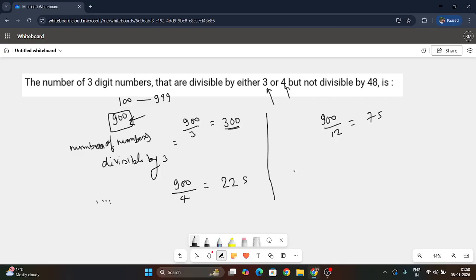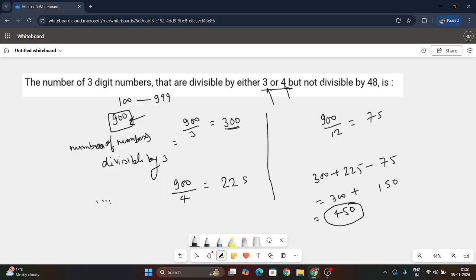So now the answer is going to be 300 plus 225 minus 75, and that is going to be 450. And 450 is the number of 3 digit numbers that are divisible by either 3 or 4.